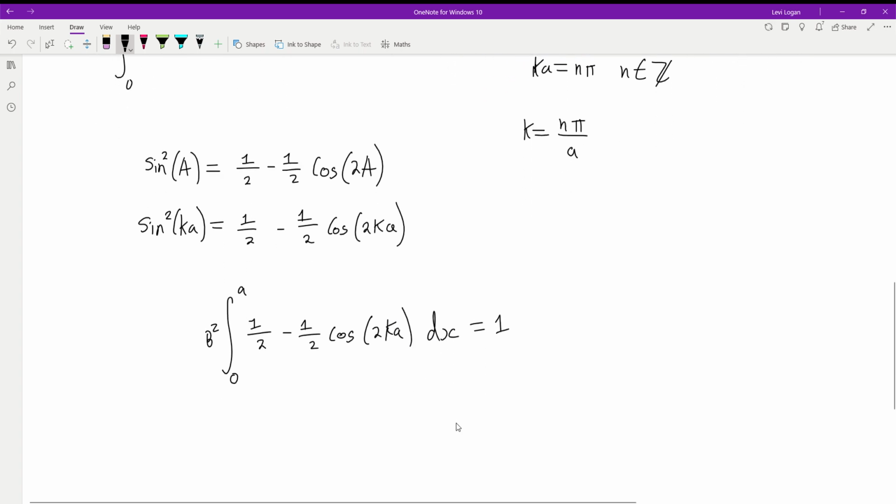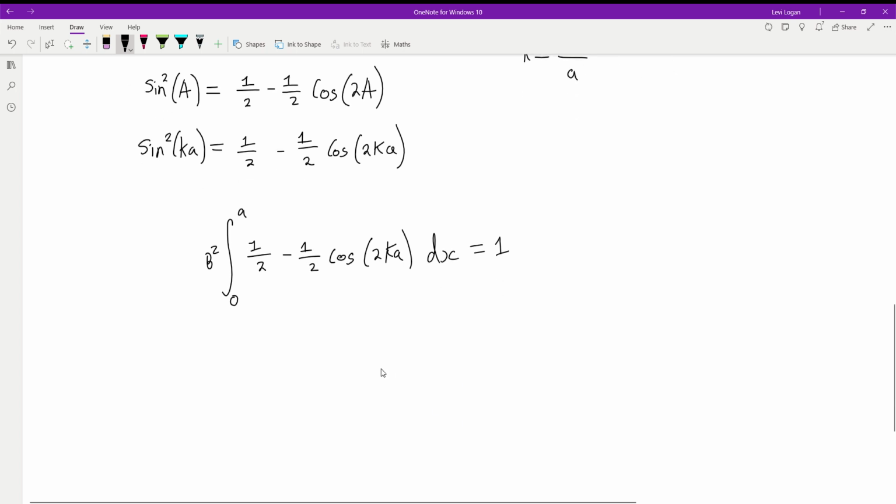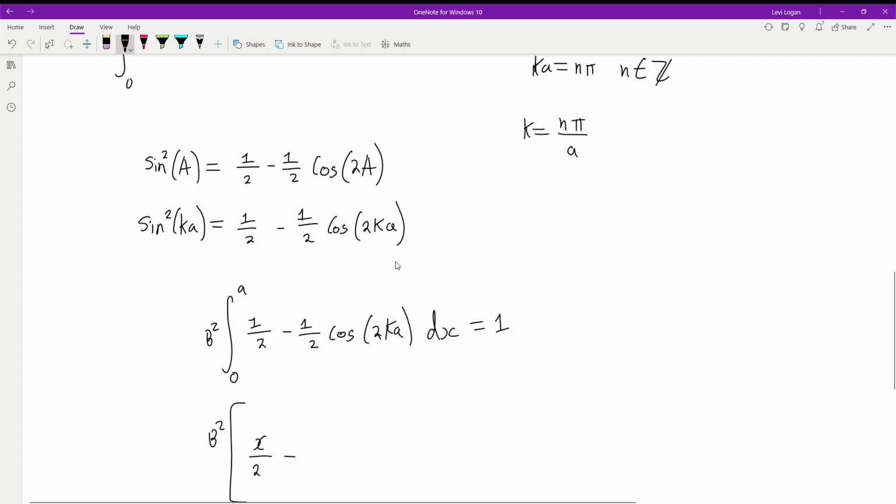Now we can integrate this. We're going to have B squared, and we'll substitute the terms in a bit, so we'll put brackets here. Integrating this just gives you x over 2 minus, and if you integrate this, you have to divide by the differential of the inside.